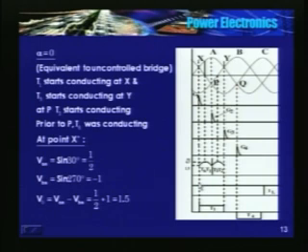At any given time, only two devices are conducting. Just see here, T1 and T6. T6 is connected to phase B, T1 is connected to phase A. Phase C is open. In other words, phase C does not supply power in this period. At any given time, only two phases are on, the third phase is open.